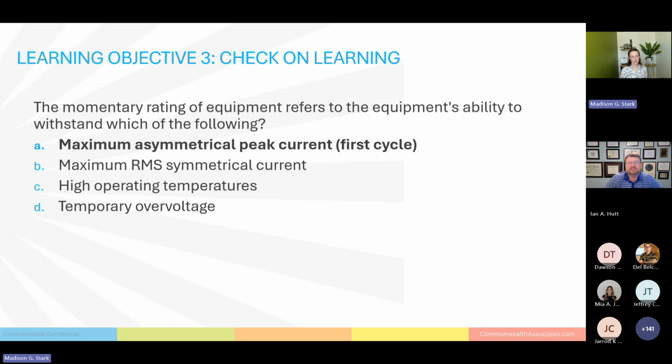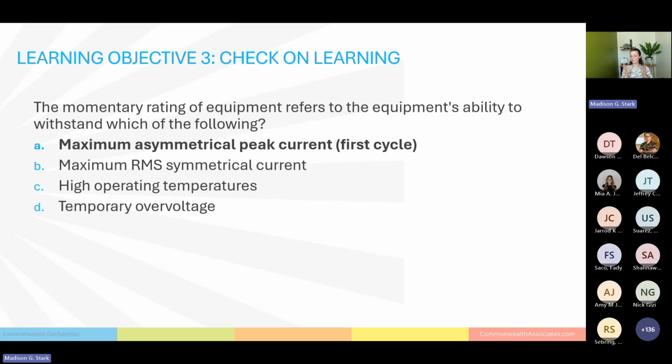So momentary rating, if you're thinking of a way to remember it: momentary, short term, very short. What is the peak current, the absolute max value for a really short period of time that this equipment needs to withstand? When you're looking at your maximum RMS symmetrical current, that's when you're looking at your short time withstand or the duration.